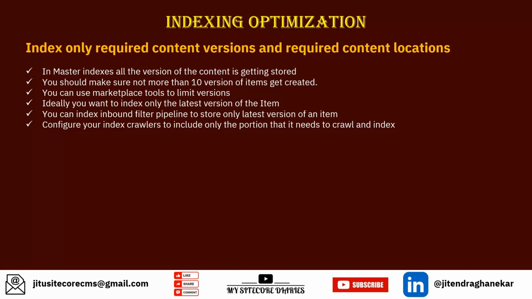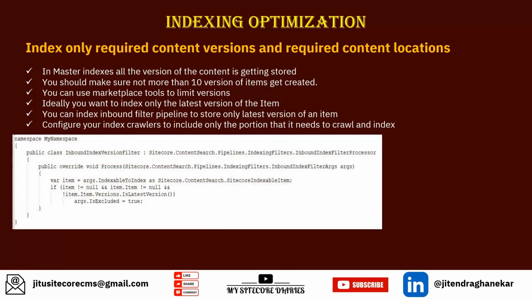So the first point is how you can limit indexing to the latest version only. For that, you might need to customize your inbound index version filter processor. This is a sample example of how you can do it.